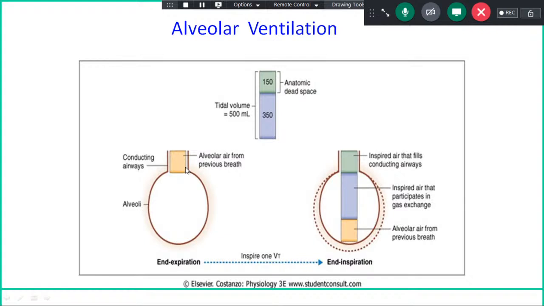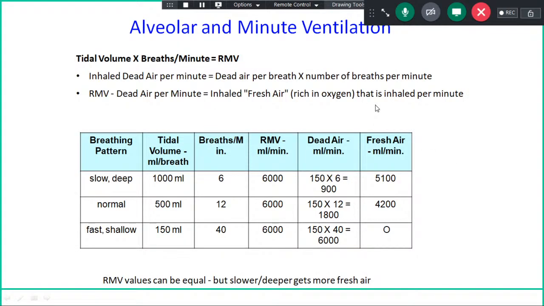Now when you inspire, this alveolar air from the previous breath, what was left in the conducting airways, first goes into the alveoli. This is then followed by part of the inspired gas from the tidal volume, and the one which remains above is the dead space air, that is 150 ml. So what we have is the alveolar air from the previous breath which is left here, plus the inspired air that participates in gas exchange.